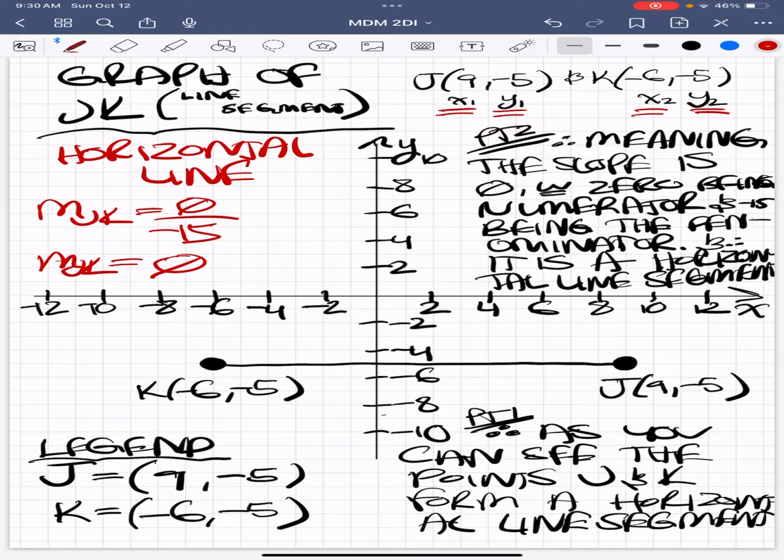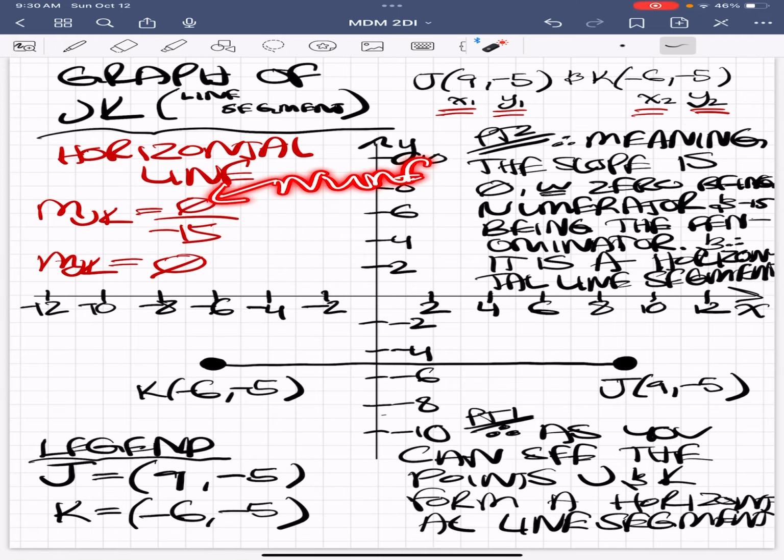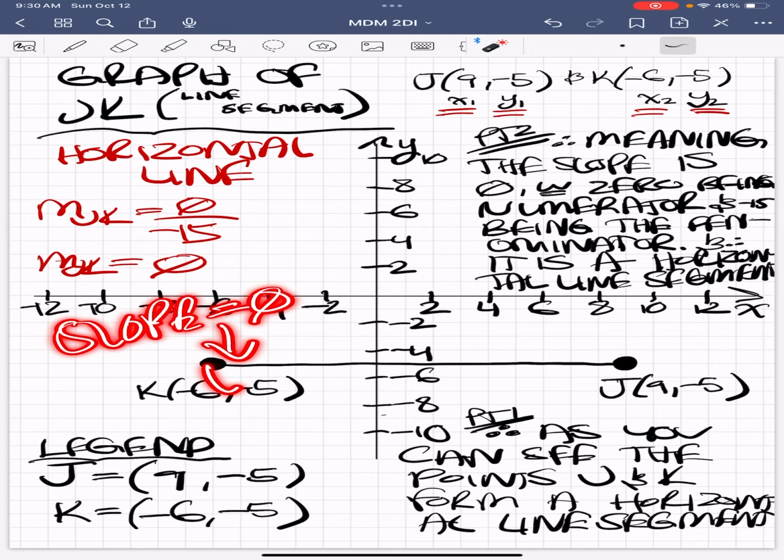Meaning, m of JK is 0 over -15. 0 is the numerator, meaning that the slope is just 0. And when slope equals 0, it is a horizontal line.